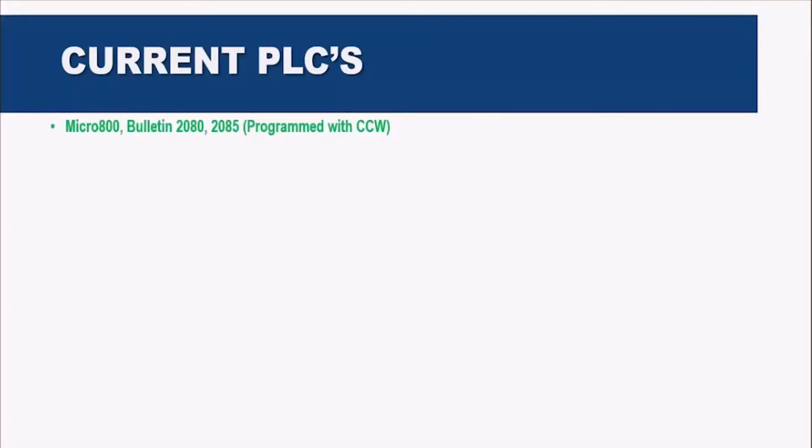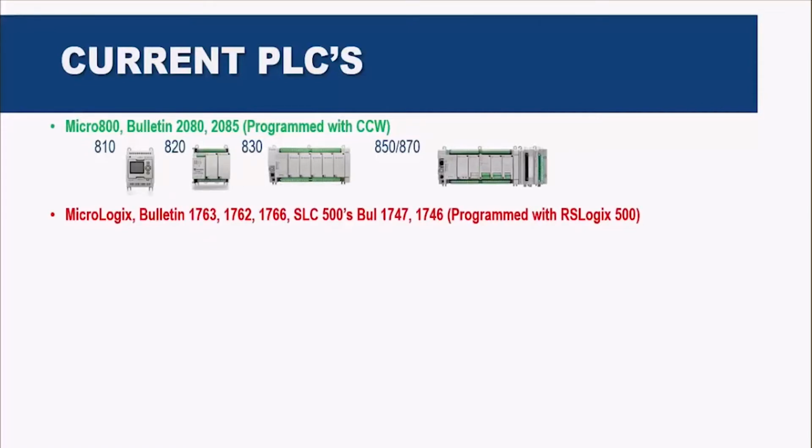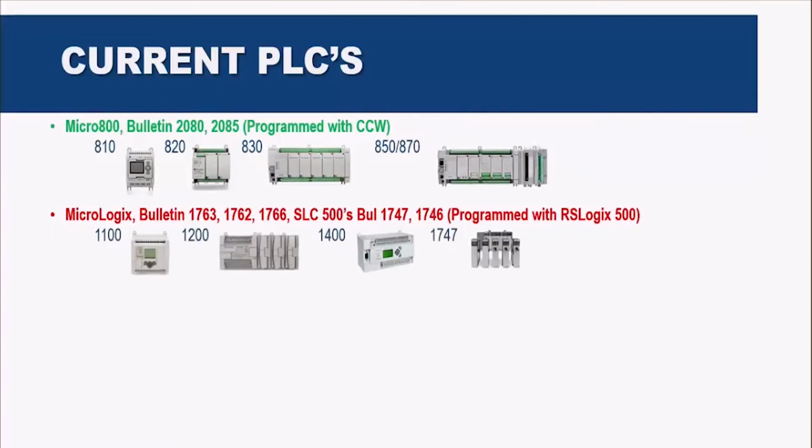Well, when we're talking about PLCs, let me tell you what's current out there. The Micro 800s, again, have a small to large size, programmed with CCW, or Connected Components Workbench. Then there's the MicroLogix family. Some of you might be familiar with that, as well as the SLC 500s I mentioned earlier. The current MicroLogix products right now are the 1100, 1200, 1400, and then the selects on the right.